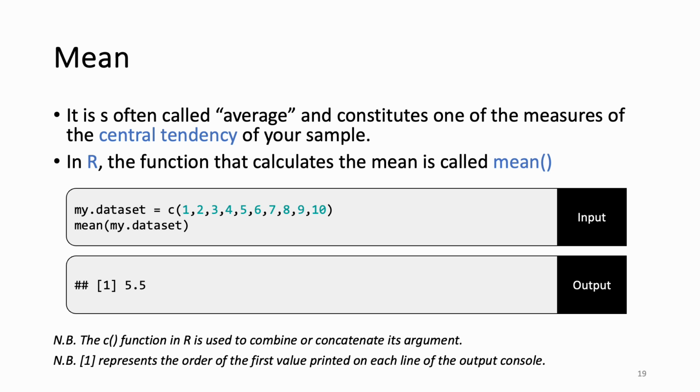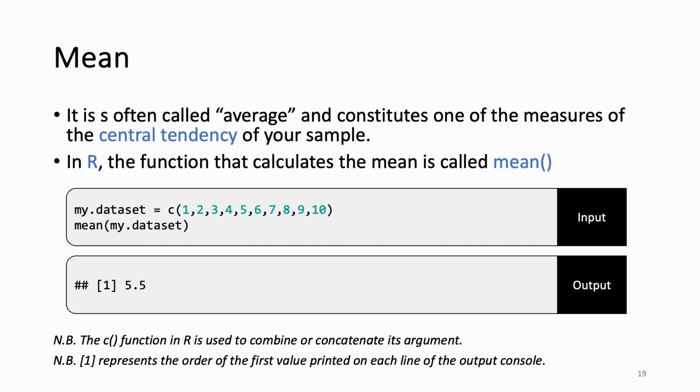The mean value is also called the average, and this value describes the central tendency of a given sample. In R, the statistical analysis tool, there is a function that calculates the mean value for you. This function is called mean, followed by parentheses, and of course we have to pass a variable into that function to calculate the mean.